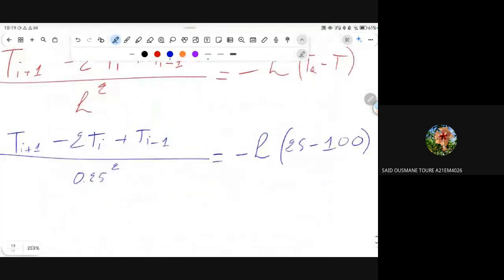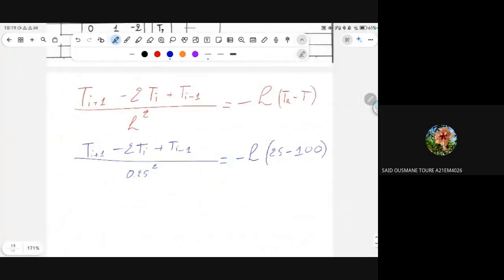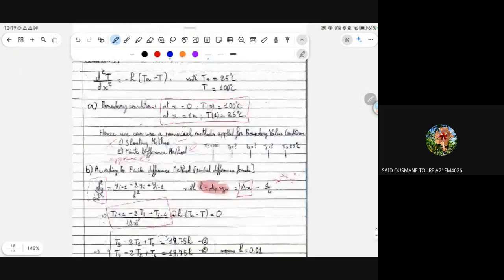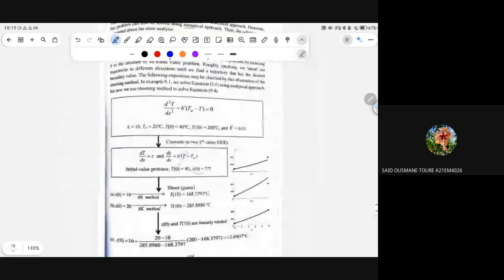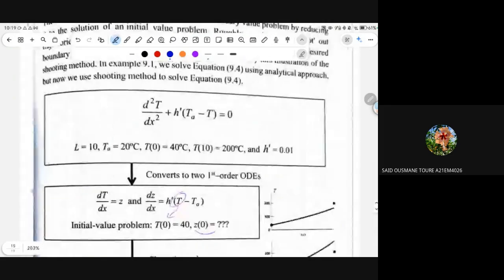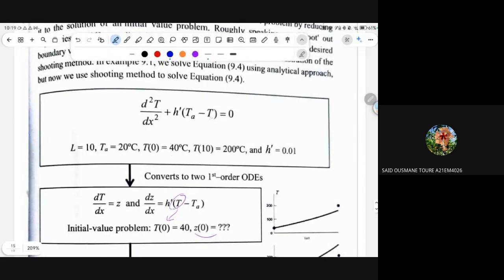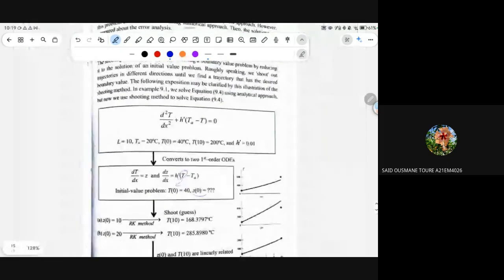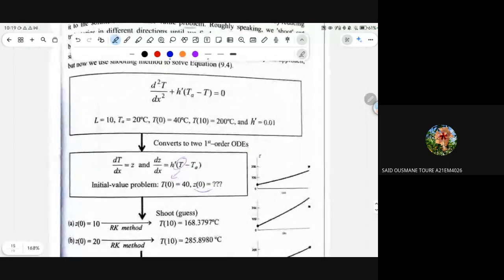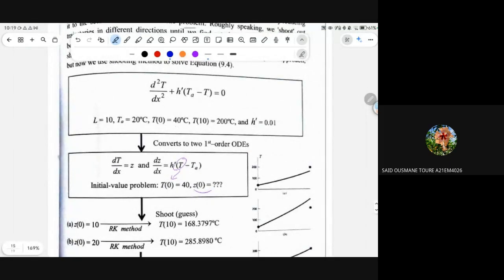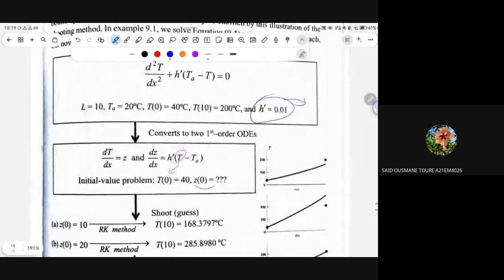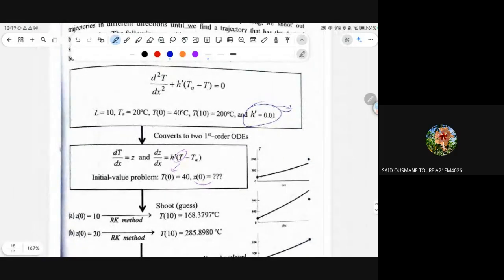And this h is the transfer coefficient. Now, my problem again, especially for this case, is that it's exactly as the shooting method case. However, h is not given, so I don't know what they expect us to do. So I decided to give a value to h because there's no way you're going to solve it otherwise. It's the same boundary condition and the same case, but in one h is given and in one h is not given. That doesn't make sense.